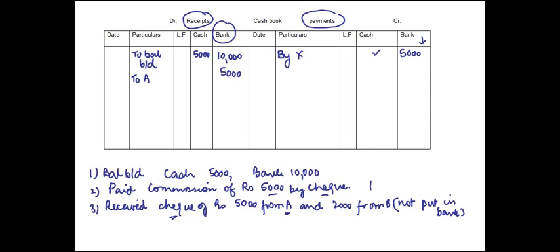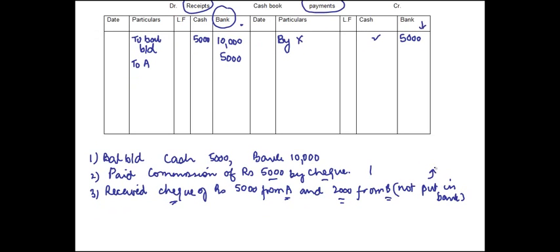5,000, and I will put it in the bank column because there is a receipt of check and not cash. Right? The second check you have received of 2,000 from B, but you have not put it in the bank account. Right? Because you have not put it in the bank account, so you will not make any entry in the bank column. Instead, the entry for this will be, let me just write it here only, checks in hand debit to B, 2,000.